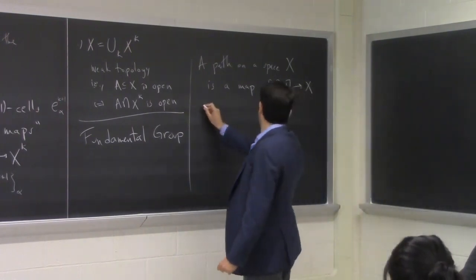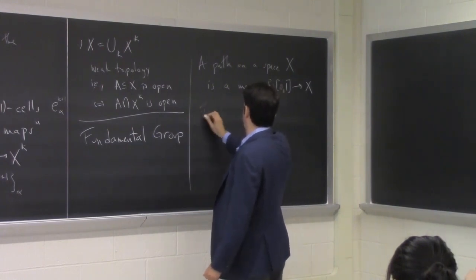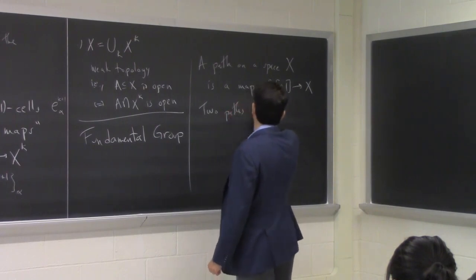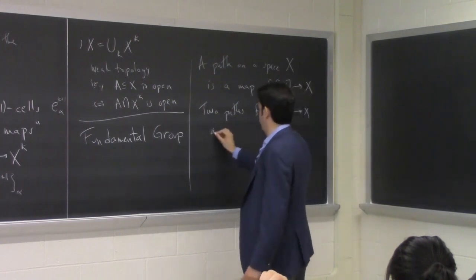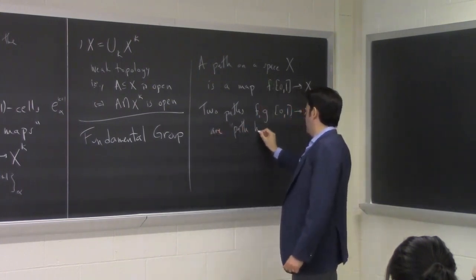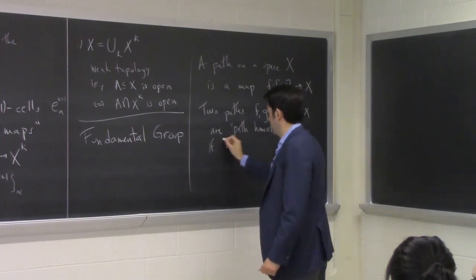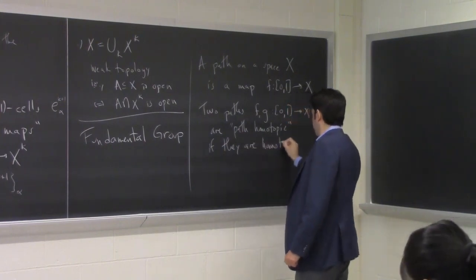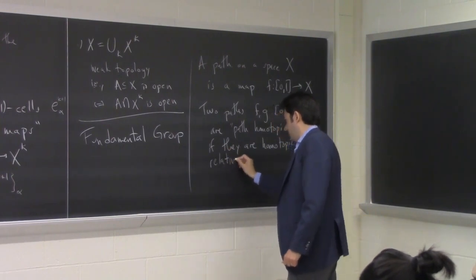And we're going to say that two paths are path homotopic if they are homotopic relative to the endpoints.